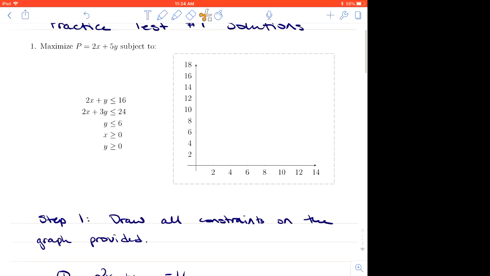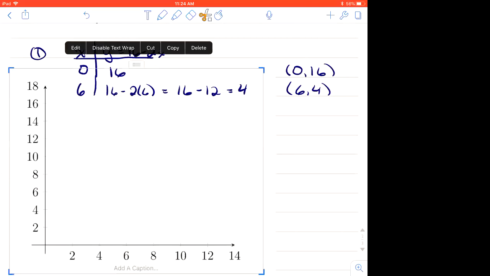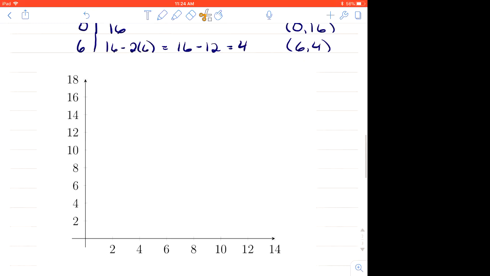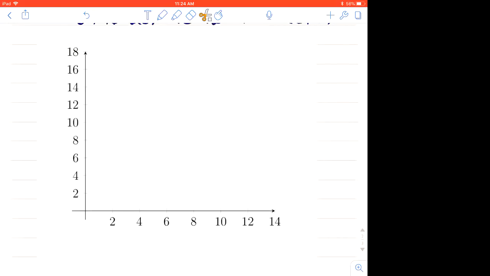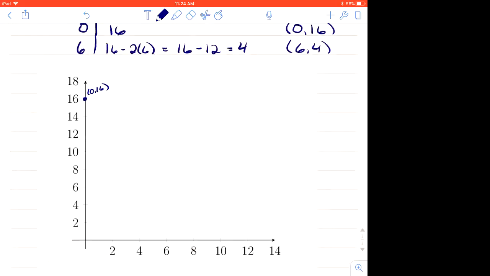You have just the one in front of you, so you can just fill it in as we go. But for me, I'll just kind of keep cutting and pasting this until it's all done. Okay. So I've got a point at 0, 16. So x is 0, y is 16. And a point at 6, 4. So 6, 4.